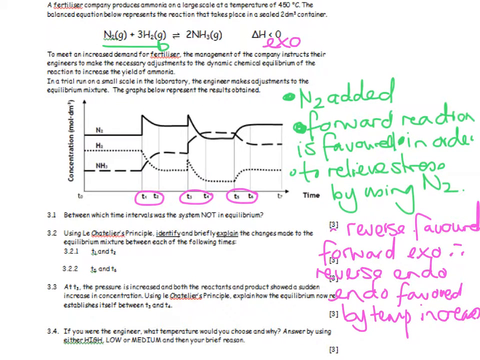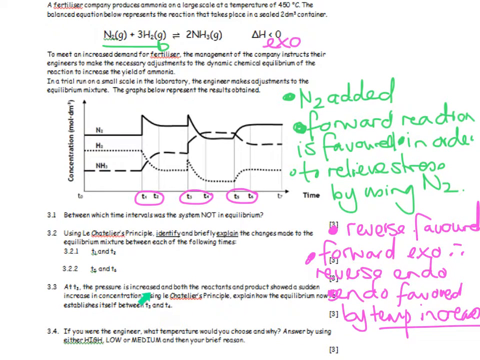So let's look at our marks. We favored the reverse reaction. The forward is exo and the reverse is therefore endo, and the endo is favored by a temperature increase. Underline that because that was the question. What happened? What was the change that happened? Okay, and if you want to, you can just put in a bullet over there, but it was only out of 3 marks, where you say endo is favored by a temperature increase, since the system will try to cool itself, something along those lines.